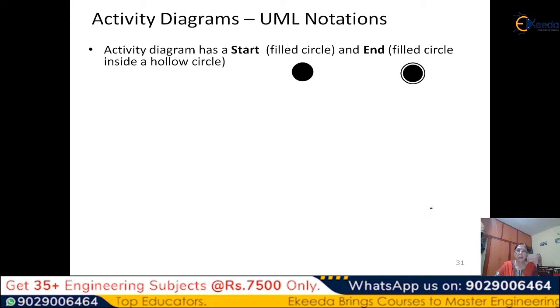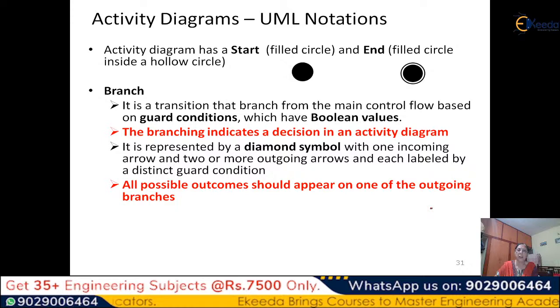So we'll look at some of the notations again. Similar to the state diagram, we said earlier that the state diagram is like the activity diagram. Now we are saying the activity diagram is like the state diagram. So you have a filled circle and a concentric circle, and you have branches. Just like in our flow chart, you have branches, you have guard conditions, and you have Boolean values.